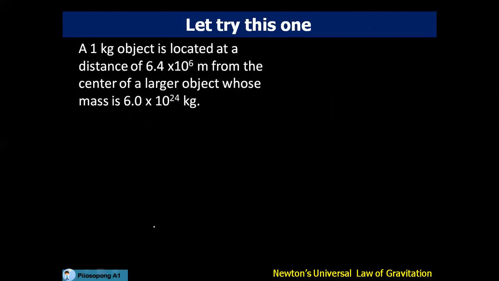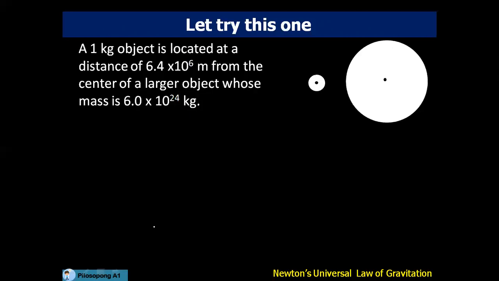So let's try this one as our first example. A 1 kilogram object is located at a distance of 6.4 times 10 raised to 6 meters from the center of a larger object whose mass is 6.0 times 10 raised to 24 kilograms. We are asked to find the magnitude of the gravitational force.